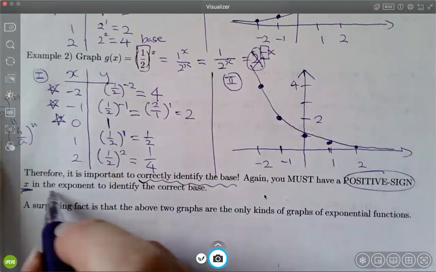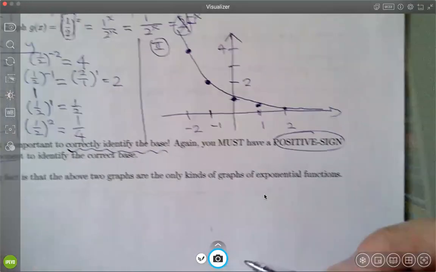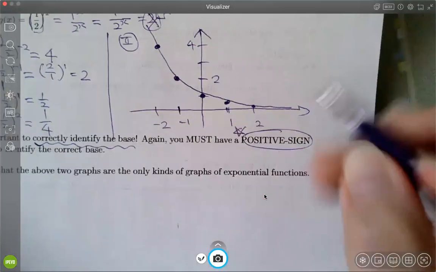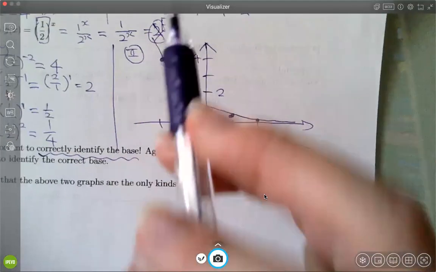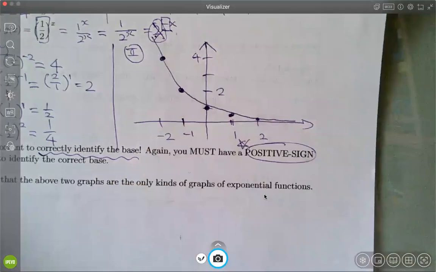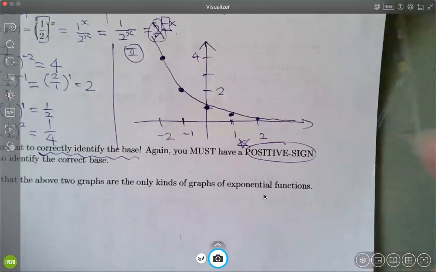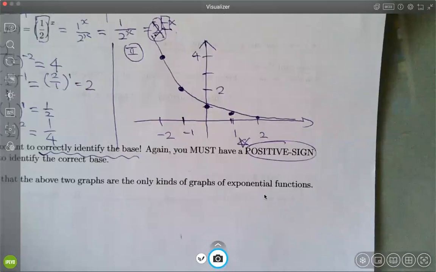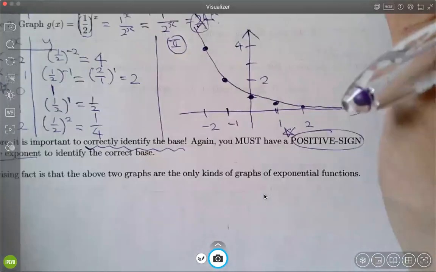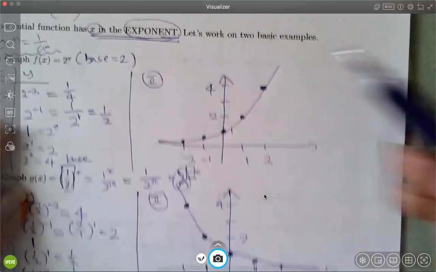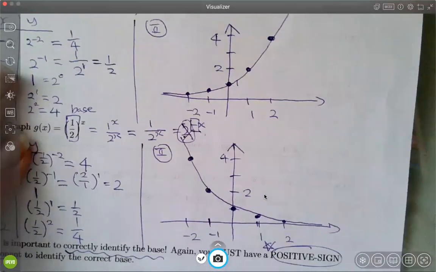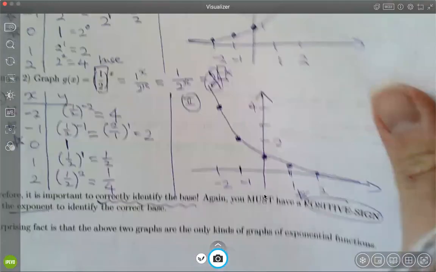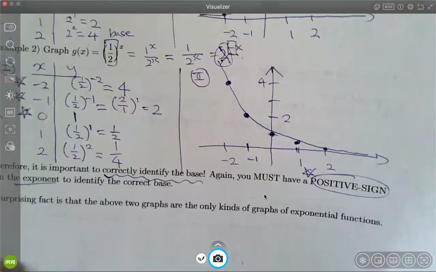If you have negative x, just like here, 2 to the power negative x, that 2 is not the base. So you must have just x in the exponent so that you can identify the base. Now, the good news is we got this kind of increasing curve, and we got the decreasing curve for the second problem. These two are the only basic graphs for exponential functions. So let's look at several characteristics for these two exponential graphs on the next page.